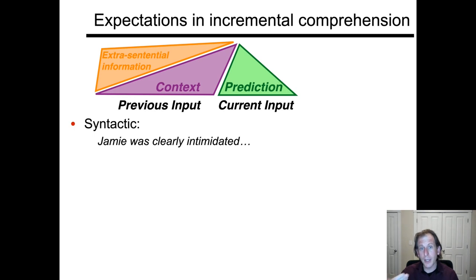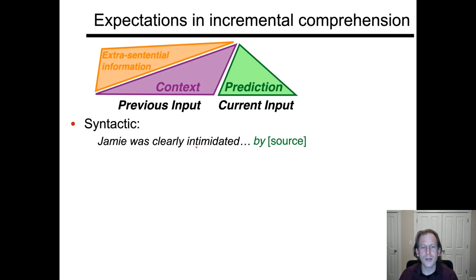So for example, here's an illustration of how syntactic information guides expectation formation. If I give the beginning of a sentence, Jamie was clearly intimidated, and I just ask you now to think for a moment about what comes next. You probably think of maybe many things, but probably the next word that you'll see is by. And then the next thing that comes after that is what is the source of intimidation.